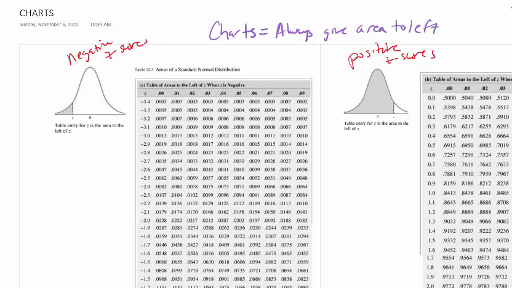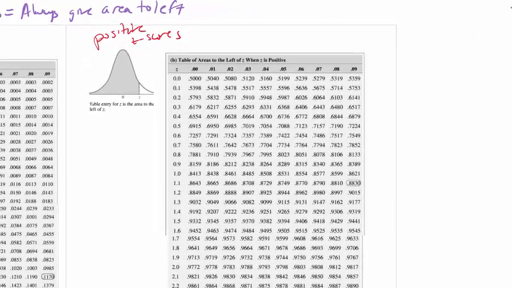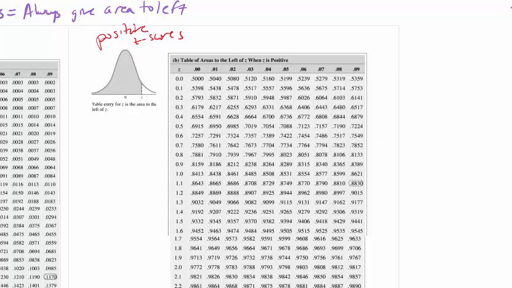So that may not be what you want, but you're going to use that. So I'm using the positive z-score 1. So that would be 1.0. And again, I'm going to highlight this right now, and then I'll erase it for the next one. But we're using 1.0 because that's this piece. So it is 0.8413 that I am using for a z-score of 1. And remember, that is finding the area, the full area, to the left.